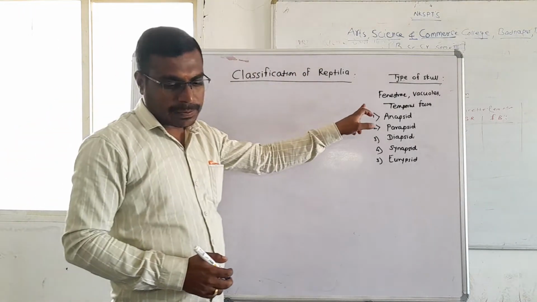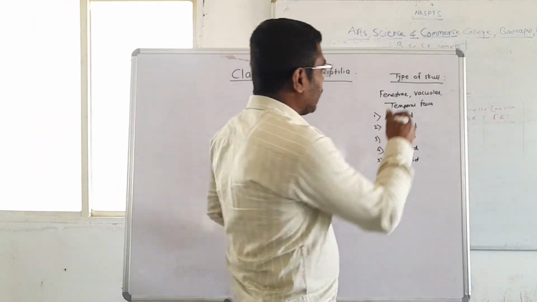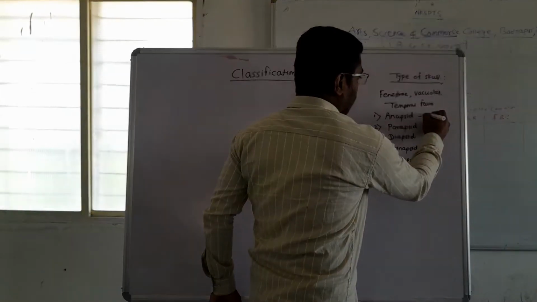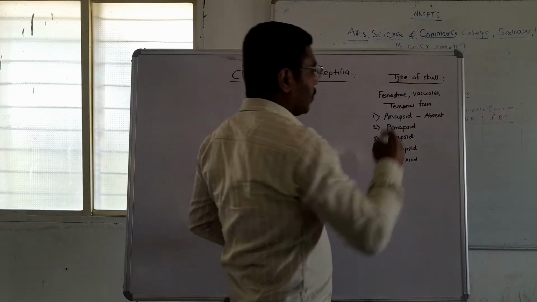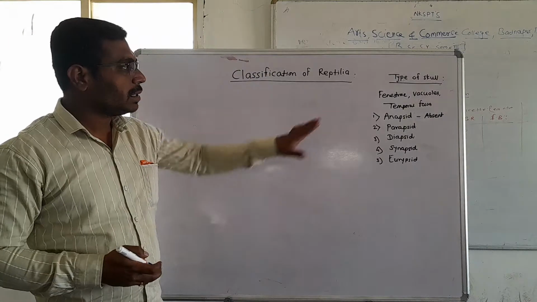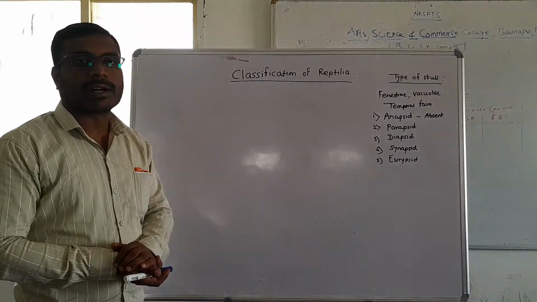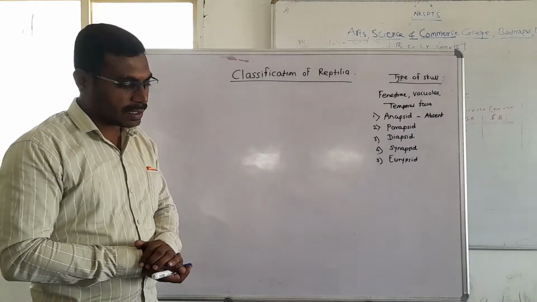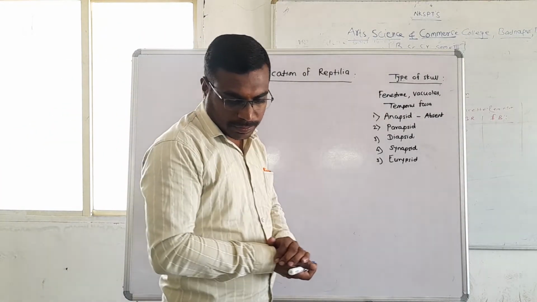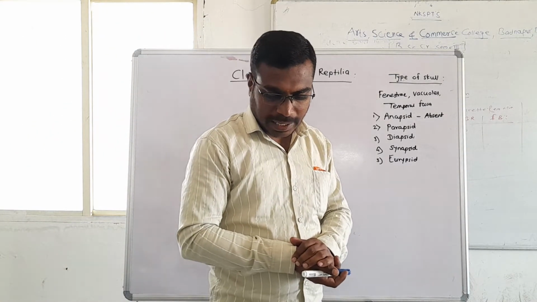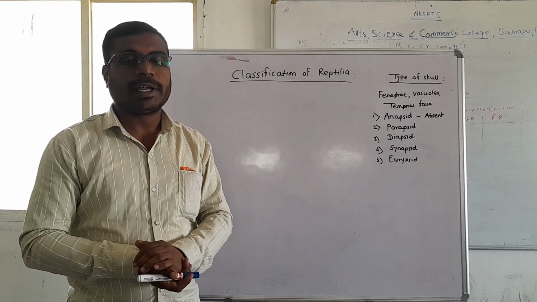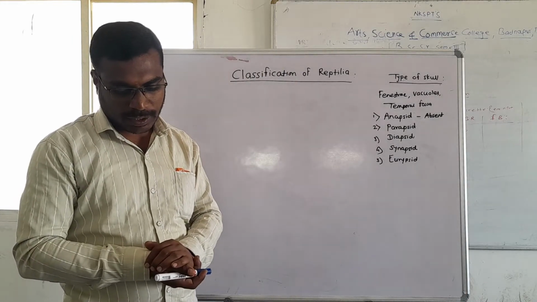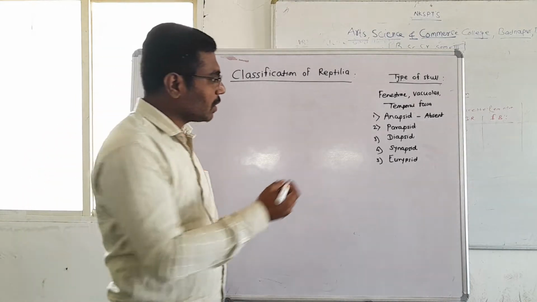Here in Anapsid, temporal fossa is absent. Such type of skulls are called Anapsid skulls. Then Parapsid, skull with one pair of temporal fossa, one on either side.